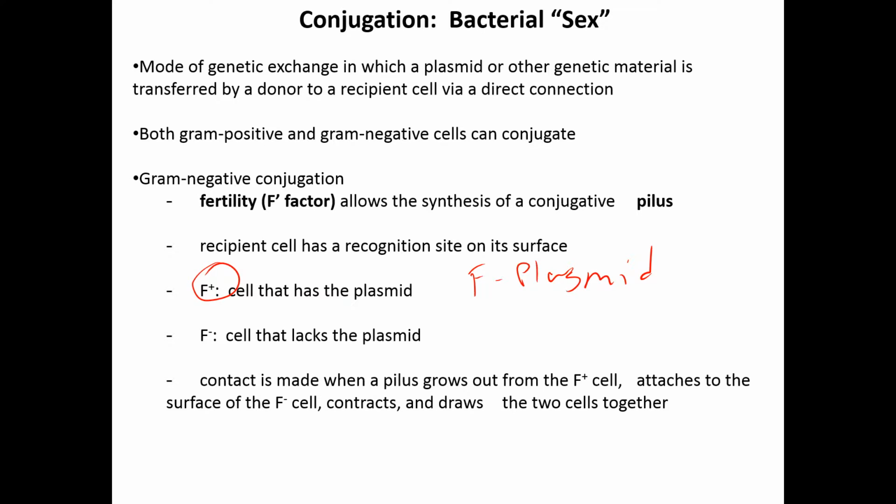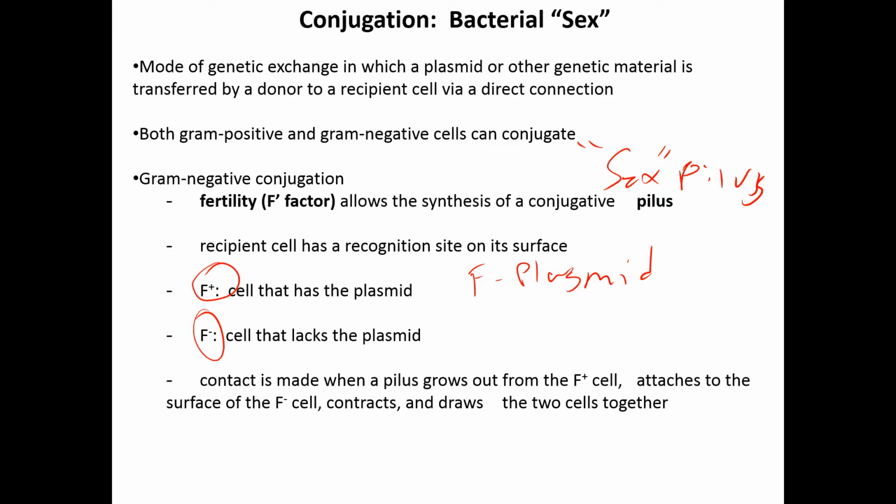Bacterial cells that lack this plasmid and thus don't produce a, quote unquote, sex pilus, are referred to as F- cells. So what happens is you have this F pilus that's produced and extends out and attaches to the F- bacterial cell.